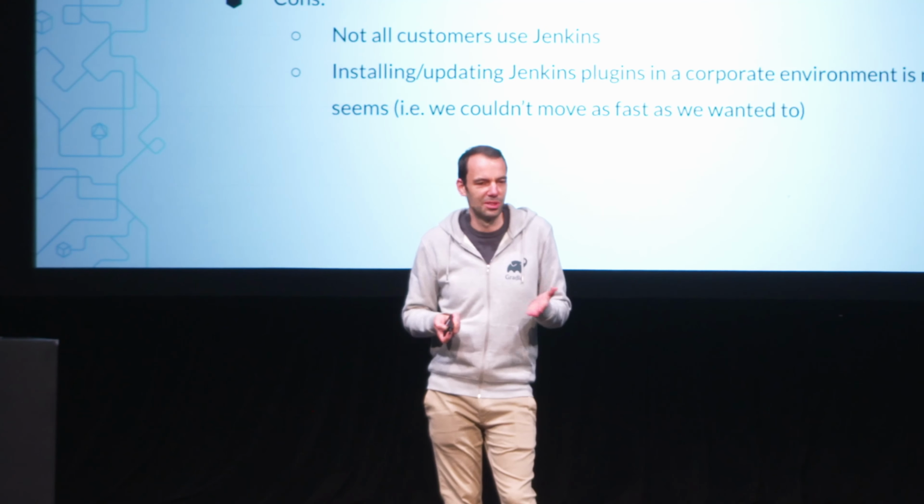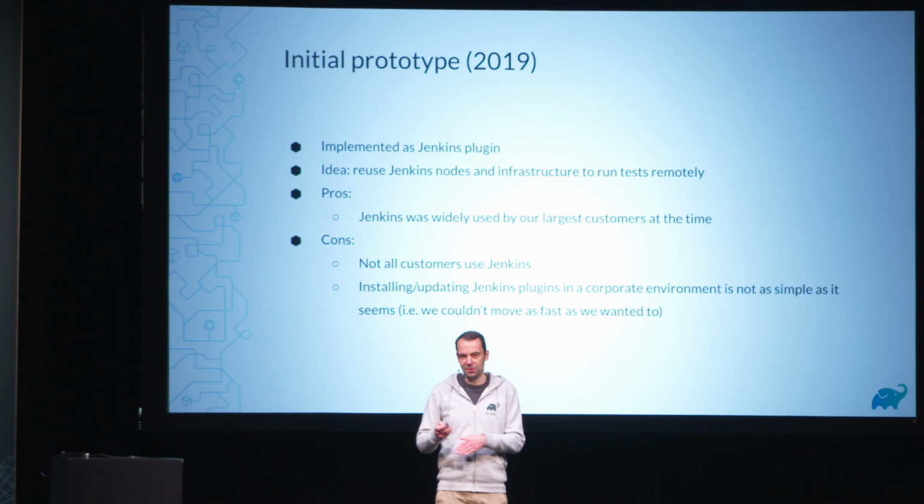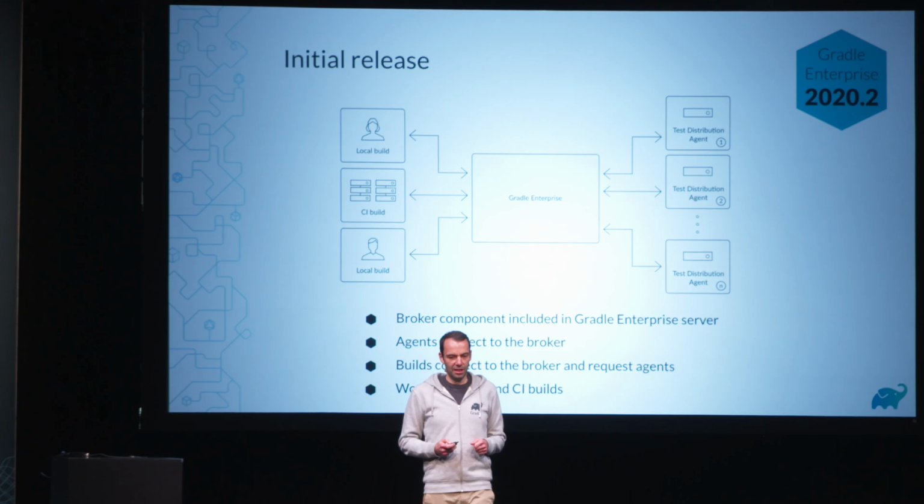Jenkins plugins need to be interoperable, they need to work together, and testing that often involves testing the integration of all these plugins in a staging environment. And it's not something that is done very quickly, especially in larger customer deployments. So it wouldn't have allowed us to move as quickly as we wanted to. So we pivoted and decided to do this differently and build our own solution in the end.